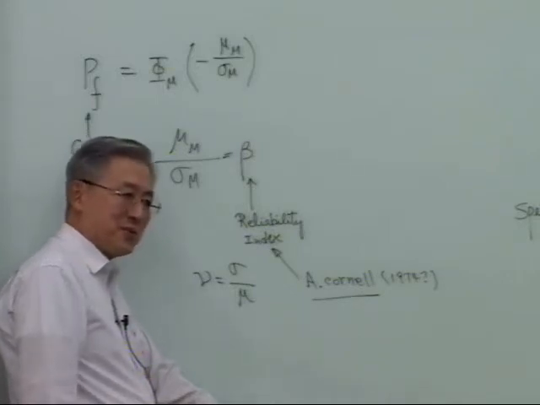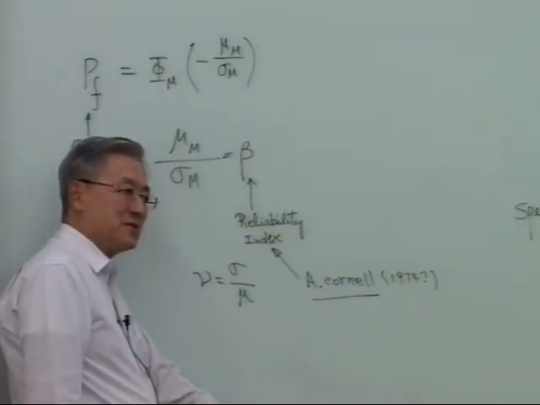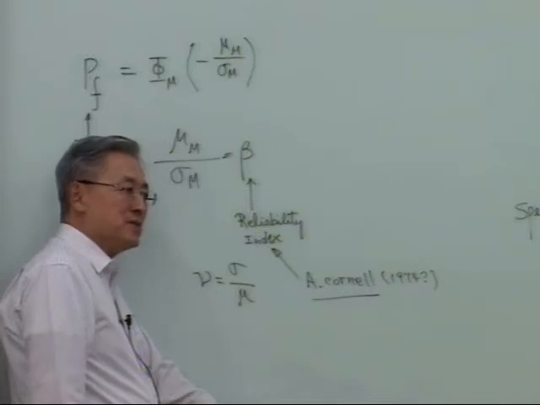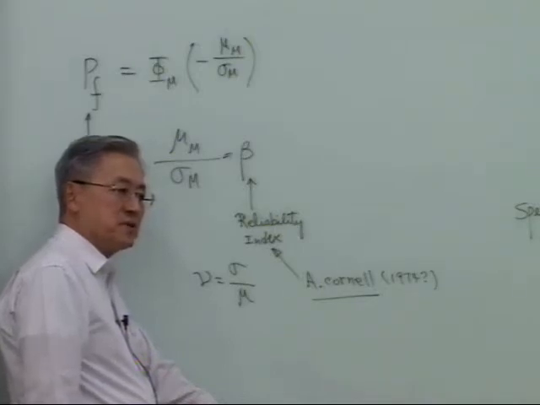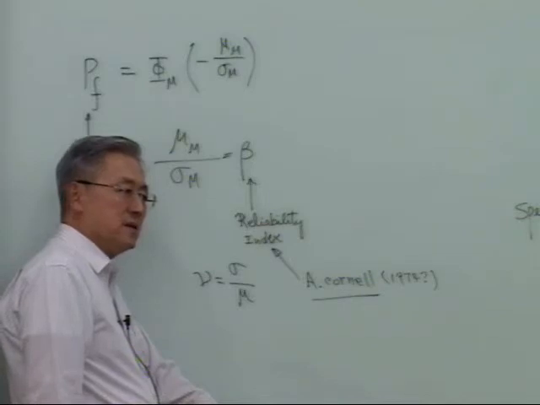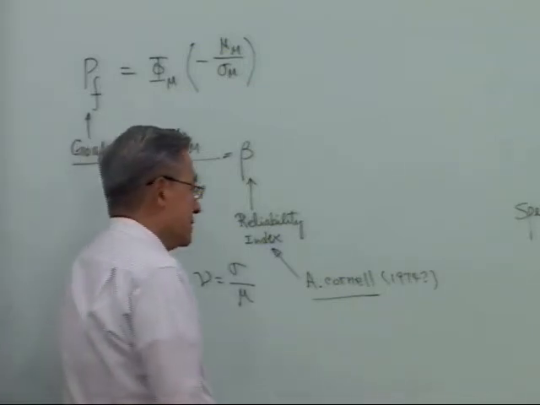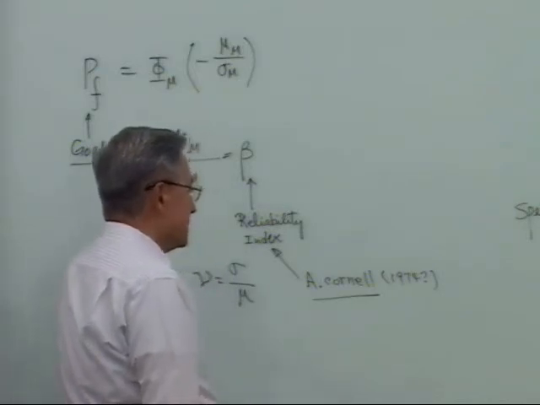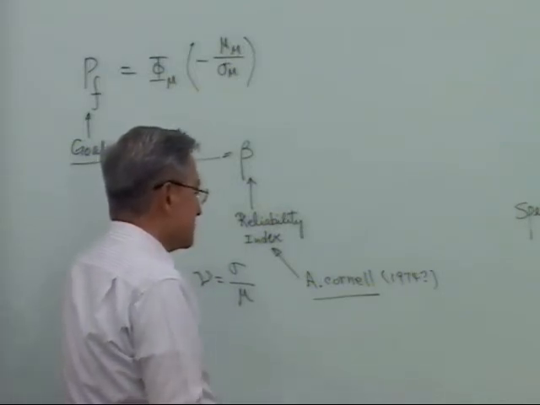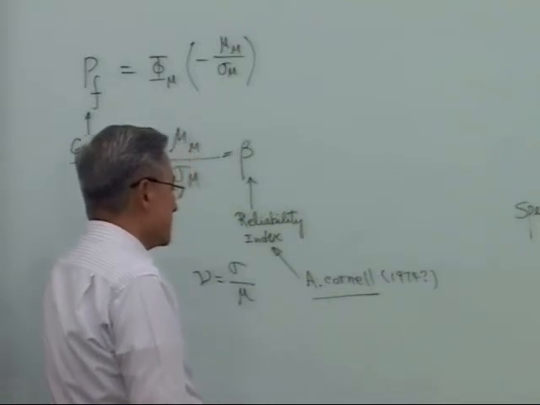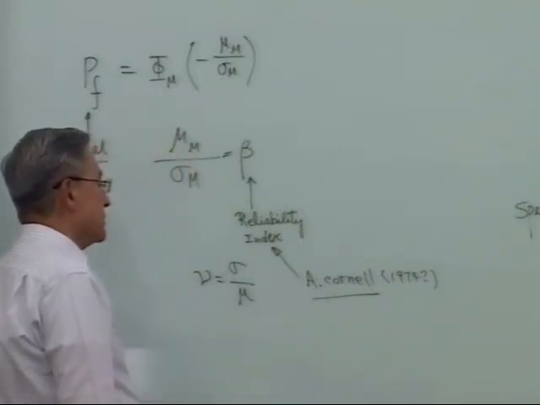He was very strong in structural reliability. I didn't pursue where he was since then. He received his PhD from Cornell University but disappeared. I have never seen his paper since then. So it's Alan Cornell. In '74, he was very young, around his 30s. I don't know what happened to him.